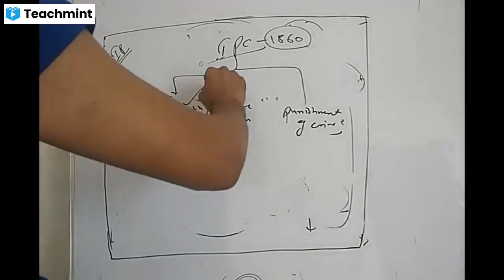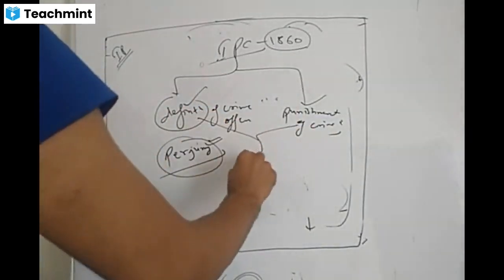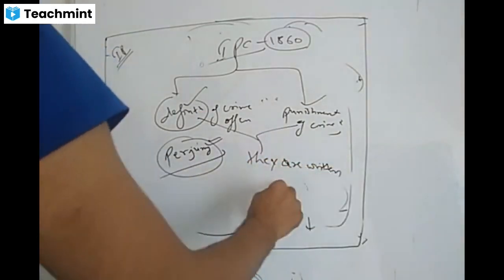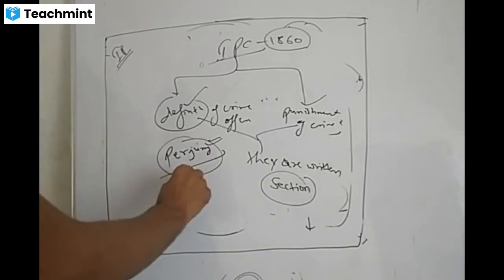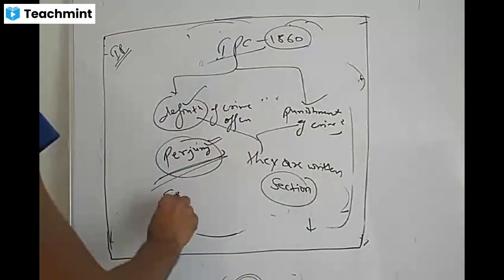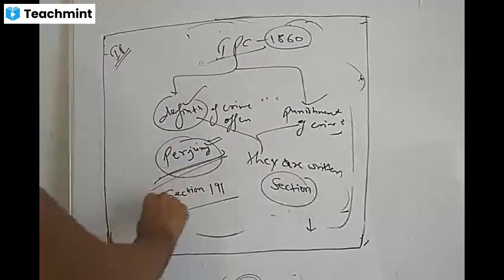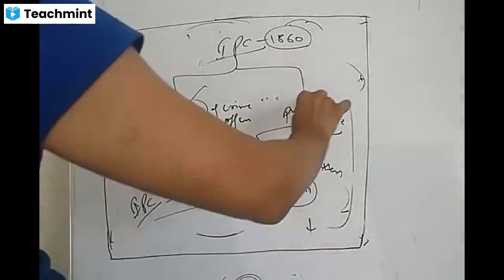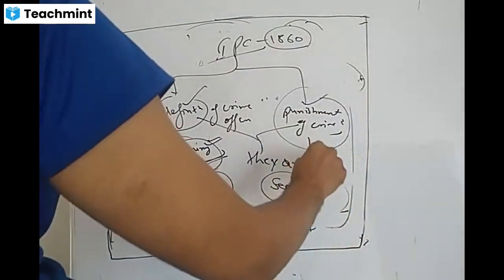Okay, all these definitions and these punishments, these two things, first of all, are written in the book in the form of sections. If I take one example of perjury, the definition of perjury comes under IPC section 191. But the punishment of this perjury comes under section 193.